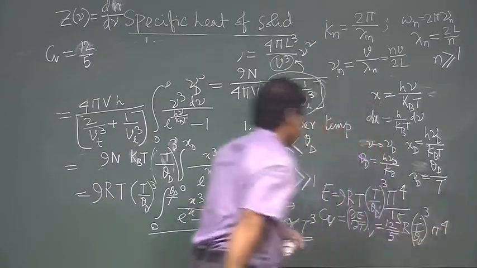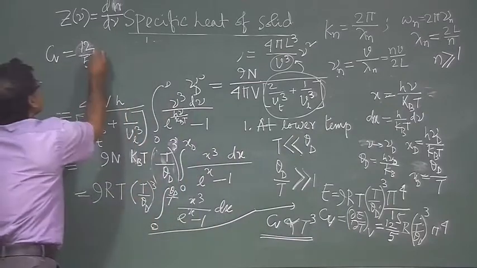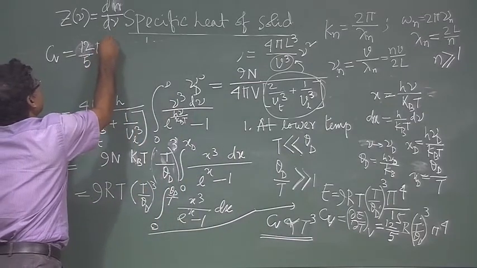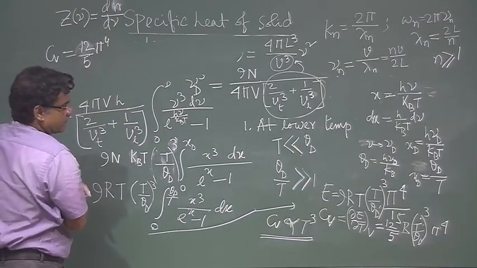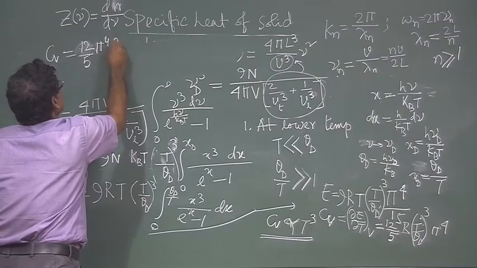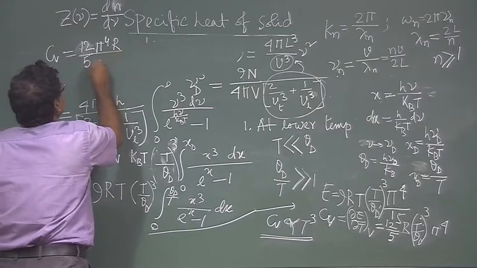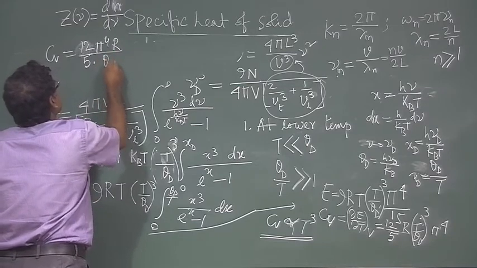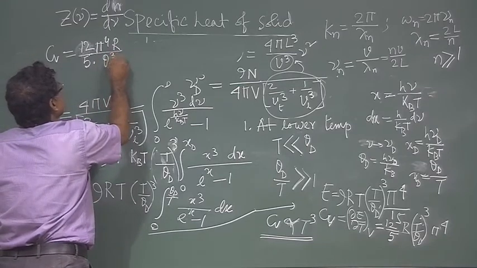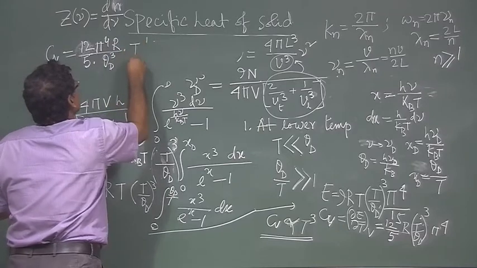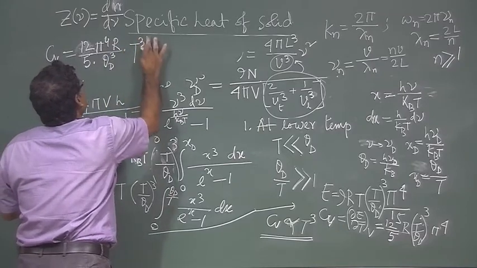Yes. So, these are π to the power 4 R by, okay, θ_D cube, then T cube, okay.